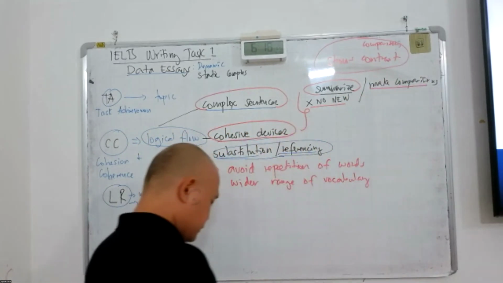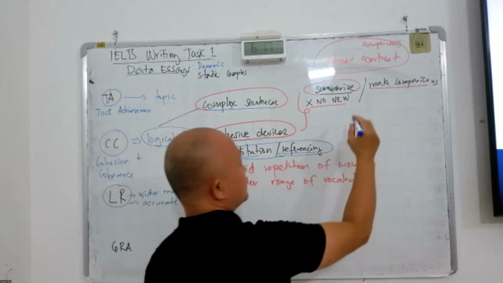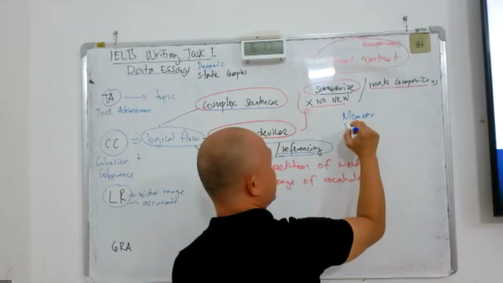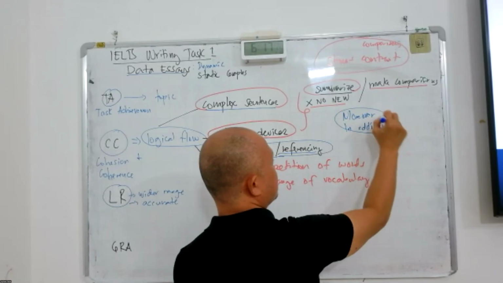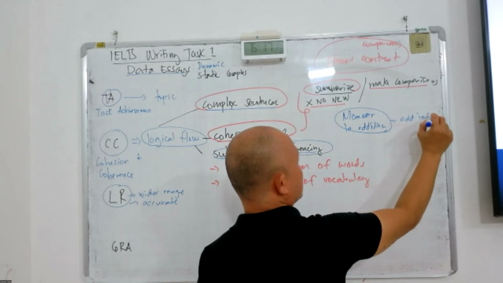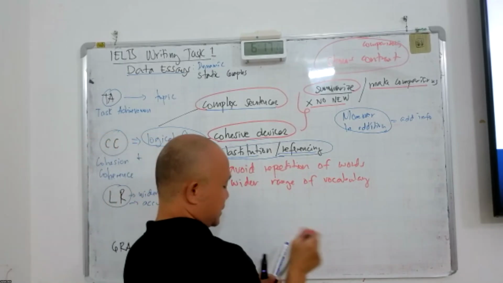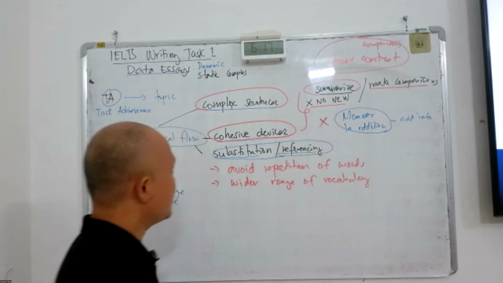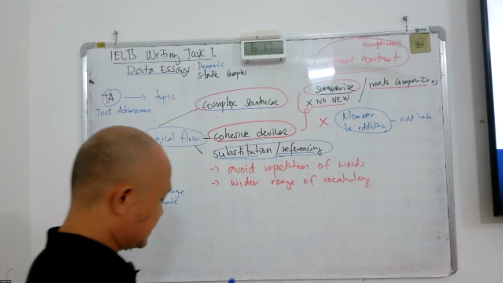So therefore, if the student, for example, uses transition words like moreover or in addition, this is an attempt to add information. That is why this shouldn't be used in connecting ideas in writing task one data essays.